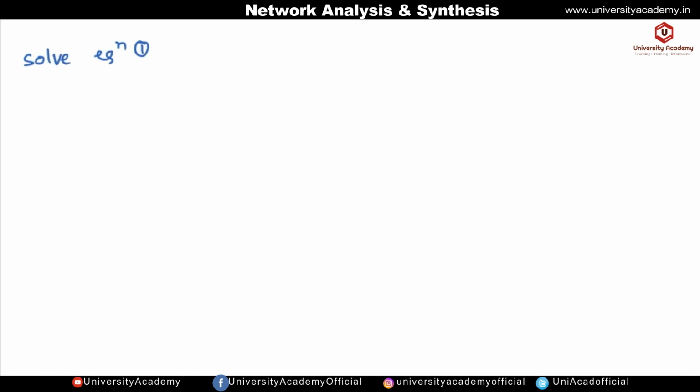So we are getting I1 current as 2 ampere, and I2 current as 3 ampere. Now we have obtained both the currents. Now let us find out the power.